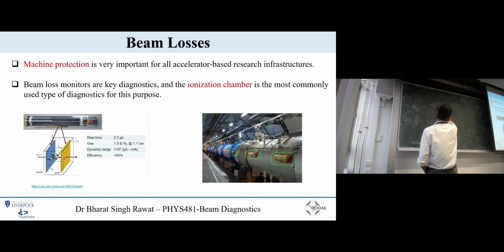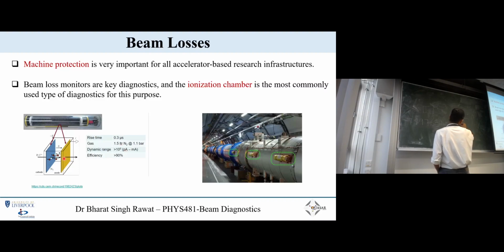And let's say your accelerator is somewhere here, and there are some losses which emit gamma. When this gamma passes through, since it is a pressurized gas, it will interact with the gas molecules, and then it will create electron and ion pairs. Because this is very high energy, it will create electron and ion pairs.